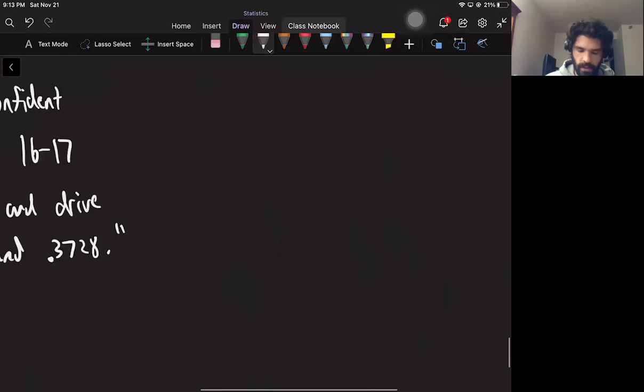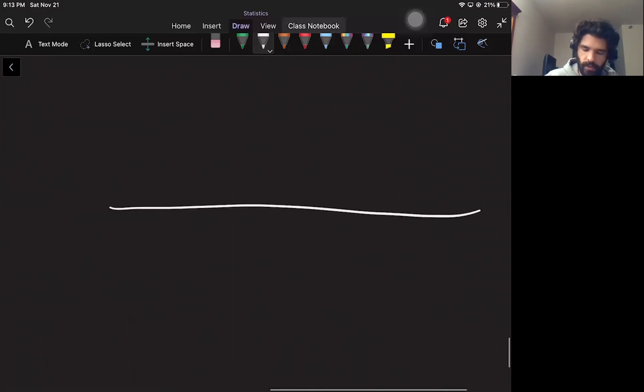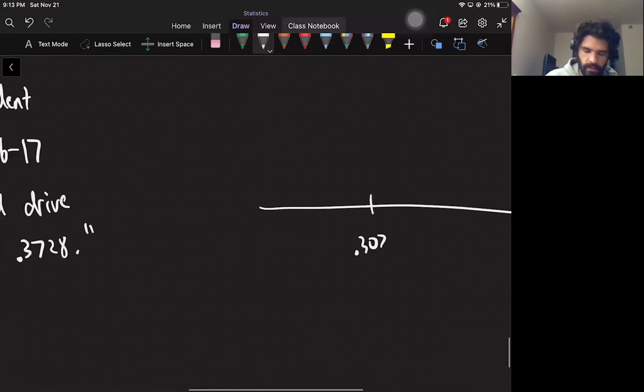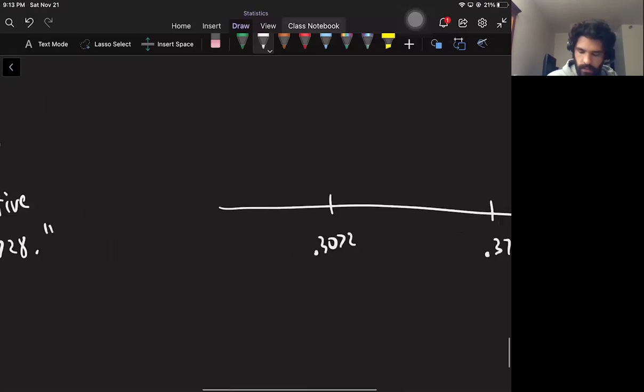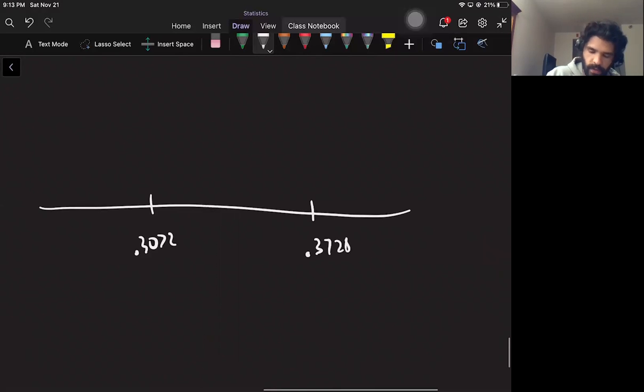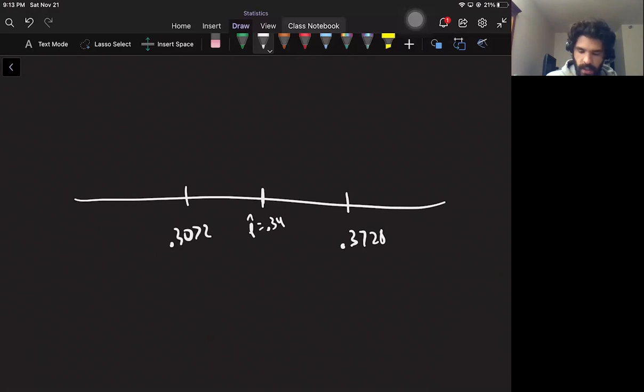So again, the idea is like, here's a number line from 0.3072 and 0.3728, and it's surrounding symmetrically my point estimate, 0.34, and I'm saying that I don't know where the true proportion is.